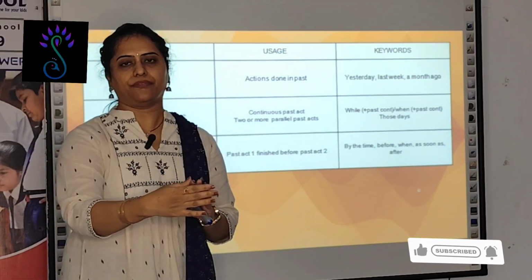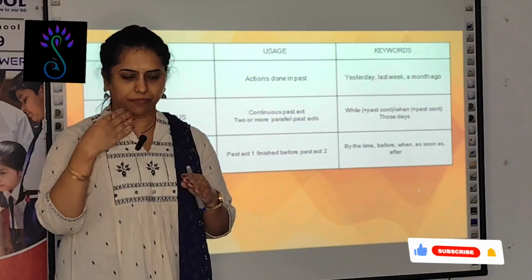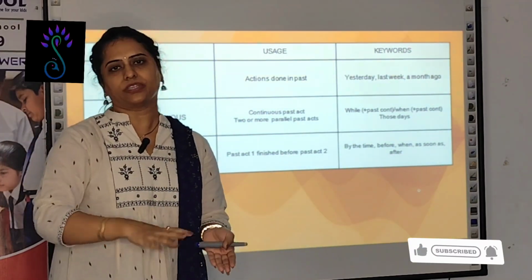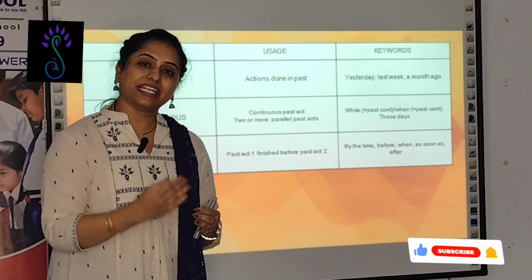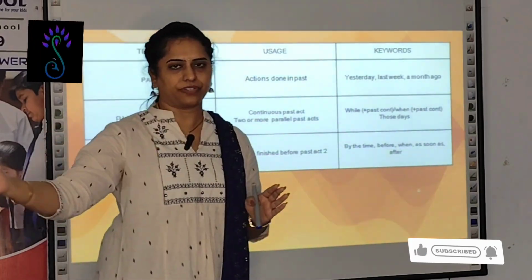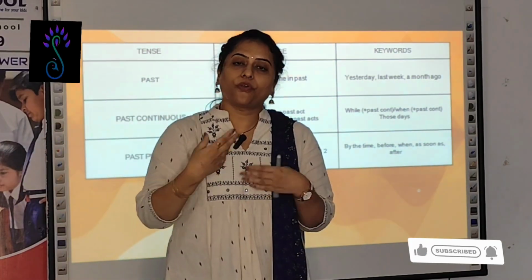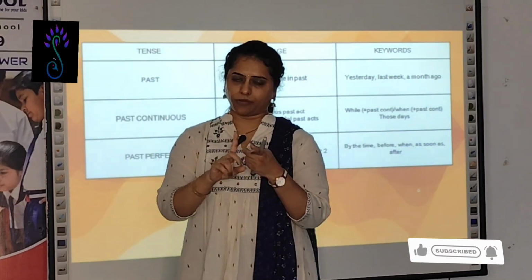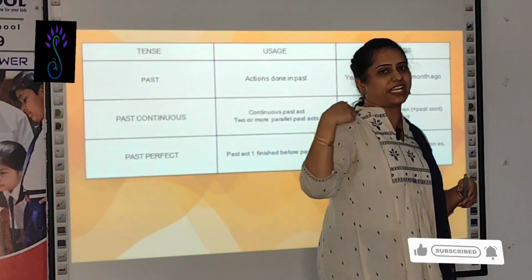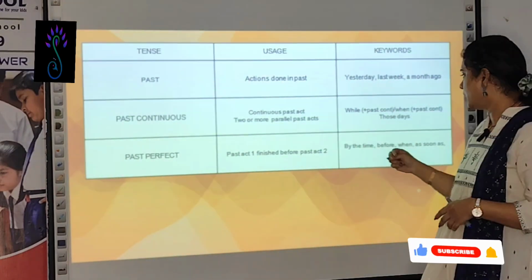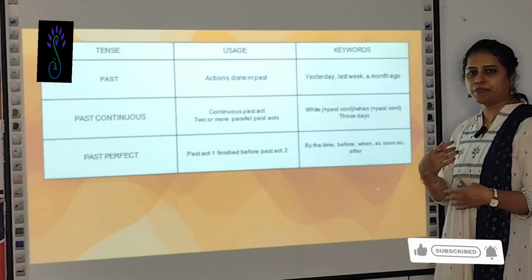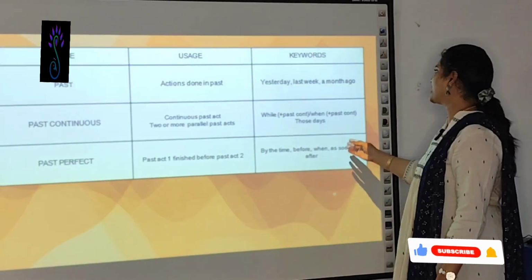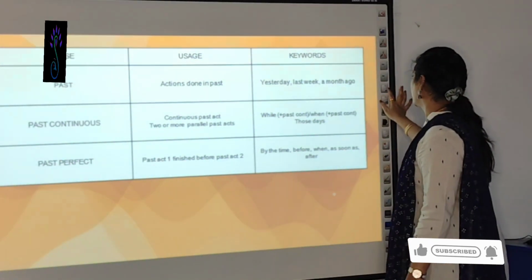Before I arrived, the train had left. అంటే మనం రాకముందే ట్రైన్ వెళ్ళిపోయింది. So that is the first action. Munde ayipoyindi. Before I reached the station. So two actions ఉన్నాయి. ఒక past లో ఉండాలి, దానికంటే ముందు జరిగినది past perfect అవుతుంది. Got it? By the time, before, when, as soon as, after, these are the keywords for past perfect.